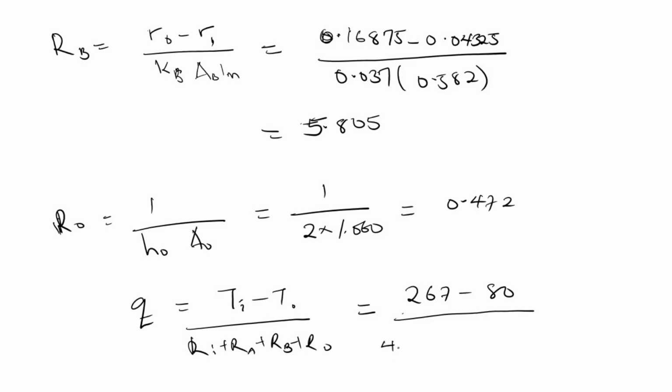That's 4.63 times 10 to the power of minus 3 plus 1.482 times 10 to the power of minus 3, extending this, I'll say plus 5.805, then plus what? 0.472.